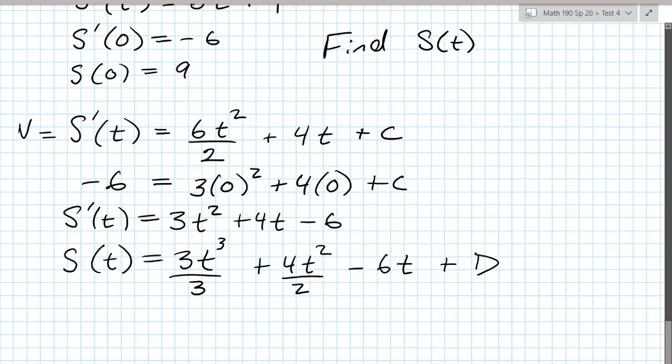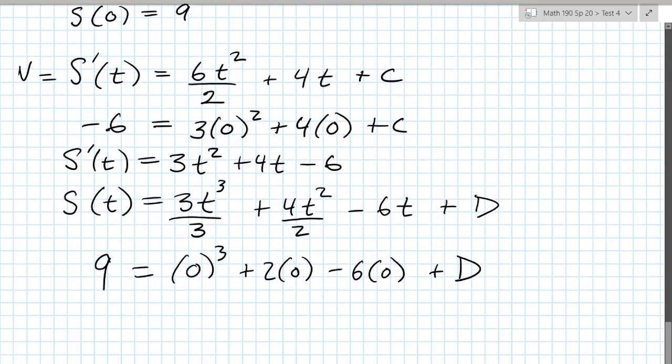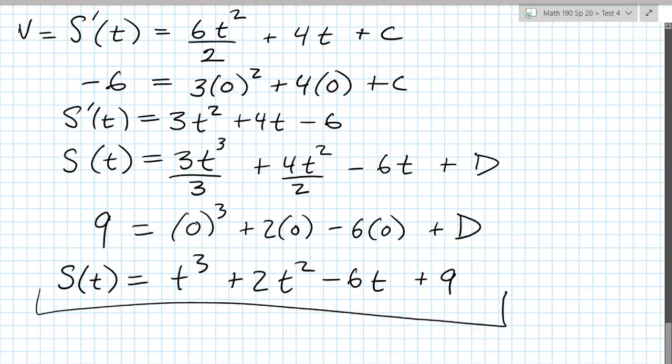Now I know that when t is 0, s of 0 should be 9, so we have 9 equals 0 here, 0 here, 0 here, plus d, which means that d equals 9, and let's update our function. s of t is equal to t cubed plus 2t squared minus 6t plus 9, and that gives us our position function.